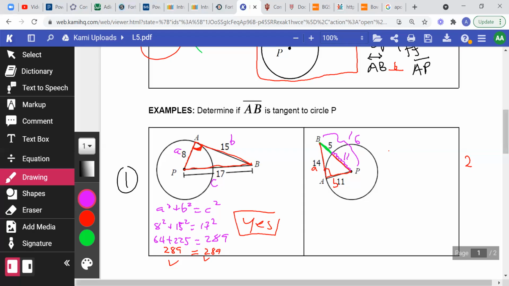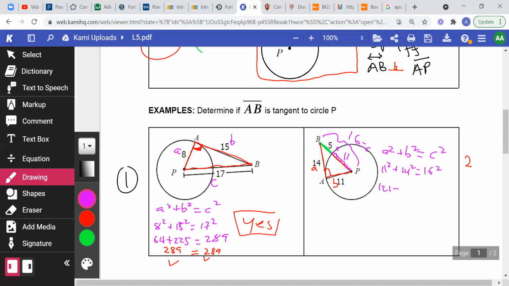Then you can use Pythagoras again. This 16 becomes C, then you take A squared plus B squared equals C squared. A is 11 squared, B is 14 squared, and C is 16 squared. So what is 11 squared? Oliver, what is 11 times 11? 121.